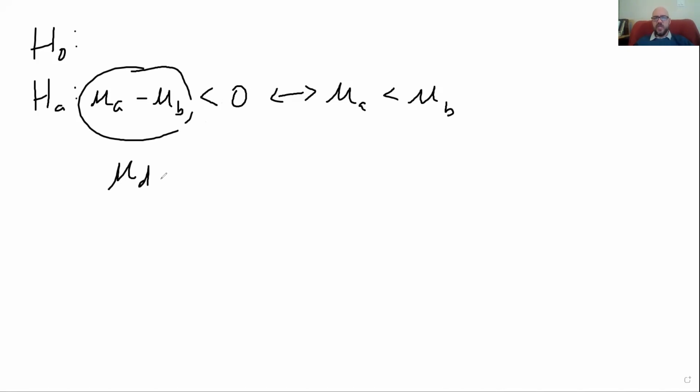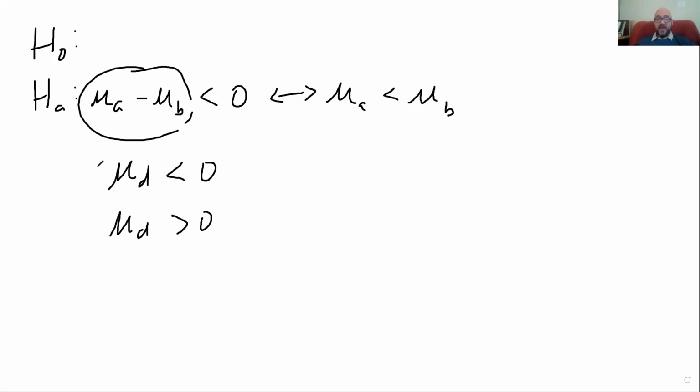And if you just say mu D, you're not saying what order you're subtracting in, right? So if this is after minus before, then we would want it to be less than 0. If, on the other hand, mu D was before minus after, it could be greater than 0. And the D tells you nothing about that. It says nothing about what order you subtracted in, which I hate.